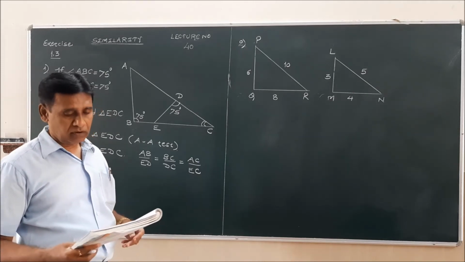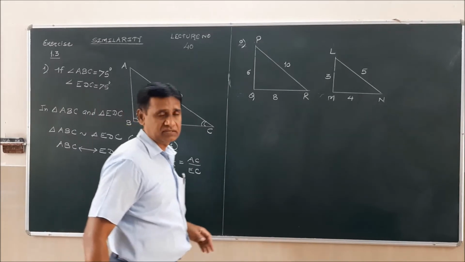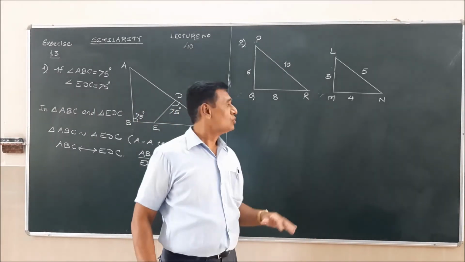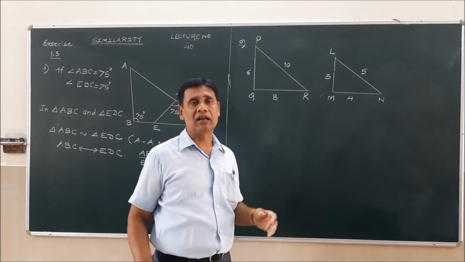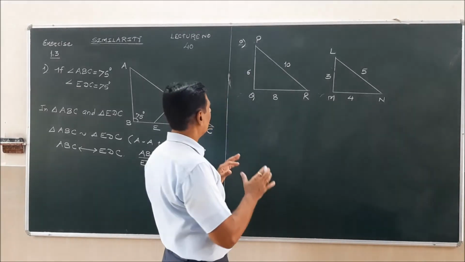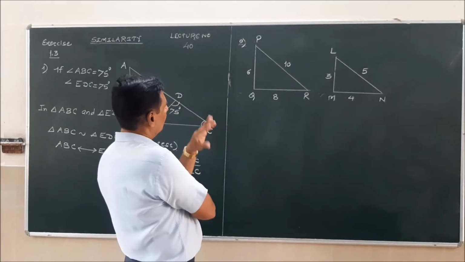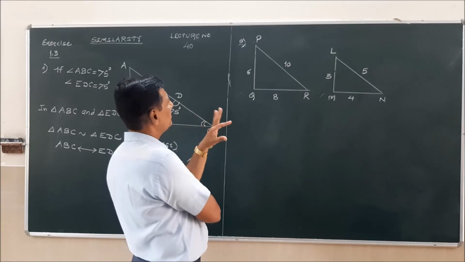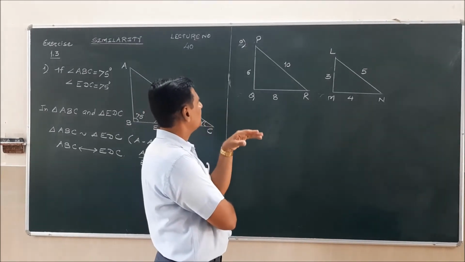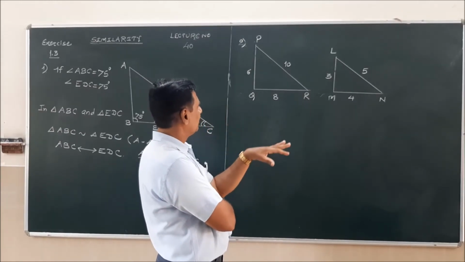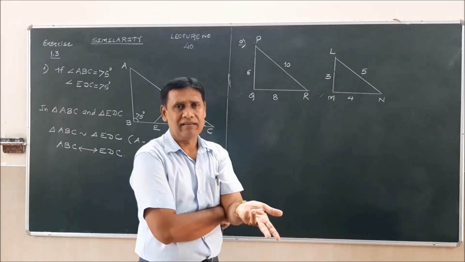Okay, anyway, now in this figure you will find they have asked us to write by which test these two triangles are similar. And if you observe it minutely, you will surely come to know that there are some relations between these numbers. There is a relation between 3 and 6, between 4 and 8, and between 5 and 10.